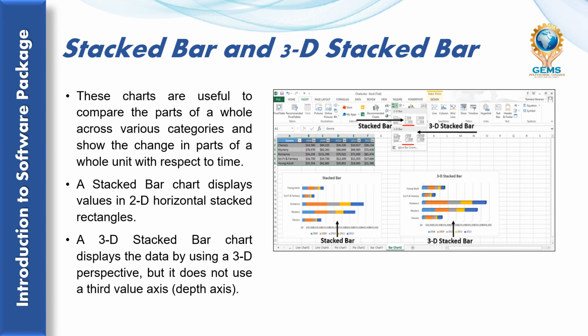This chart is very useful to compare the parts of a whole across various categories and show the range, or show the change in parts of a whole unit with respect to time. The stacked bar chart displays the values in 2D horizontal stacked rectangles, and the 3D stacked bar chart displays the data by using a 3D perspective, but it does not use a third value axis.